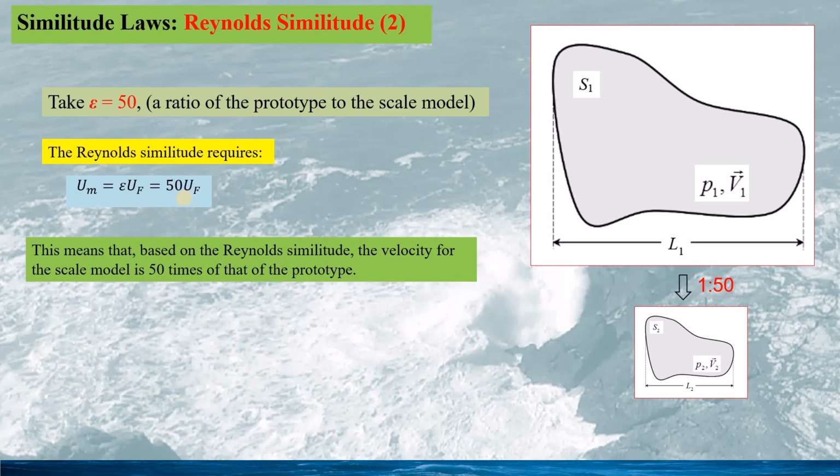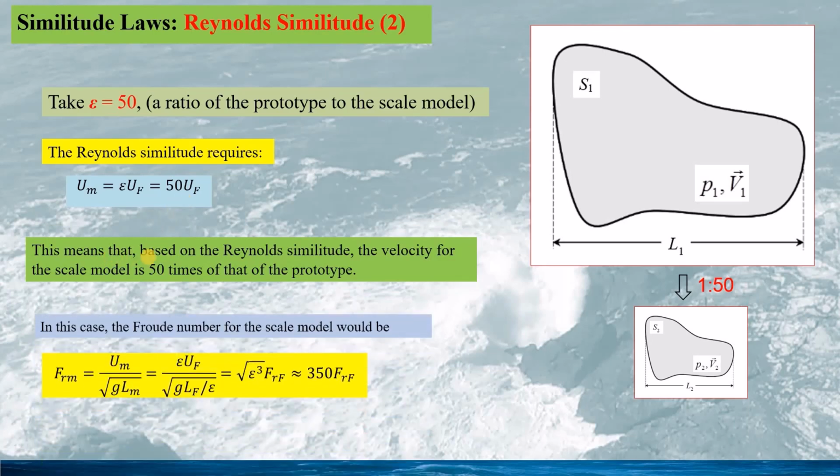And this relation could produce a practical problem on how we can achieve such a velocity for the model. And for a comparison, we can calculate the Froude number for the scaled model, given as this, based on the Reynolds similitude.